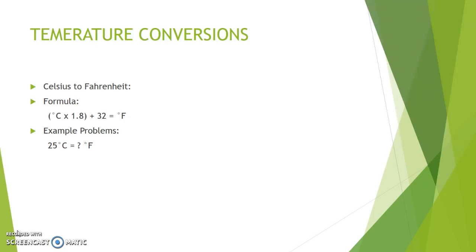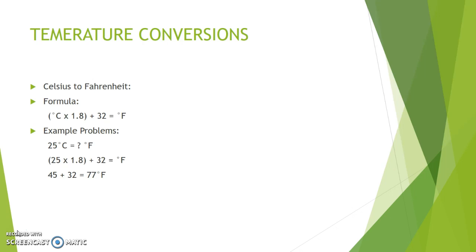To convert between Celsius and Fahrenheit, use the formula degrees Celsius times 1.8. Get that answer and add 32 to it, and that'll give you your temperature in degrees Fahrenheit. Now for these next couple, there'll be example problems, and you can try them out yourself and then go on to the next slide to see what the correct answer is.